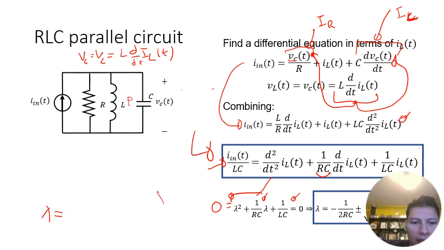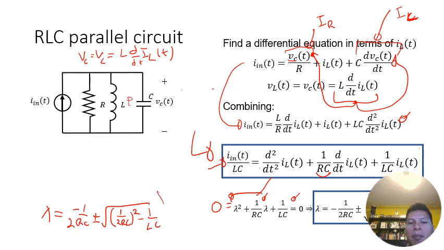So we have lambda is equal to negative b, so negative 1 over RC, plus or minus the square root, and there should be a 2, and remember that we're dividing by 2, so we have 1 over 2RC squared, and since we factored in the divided by 2, we don't have that 4 anymore, and this becomes 1 over LC.